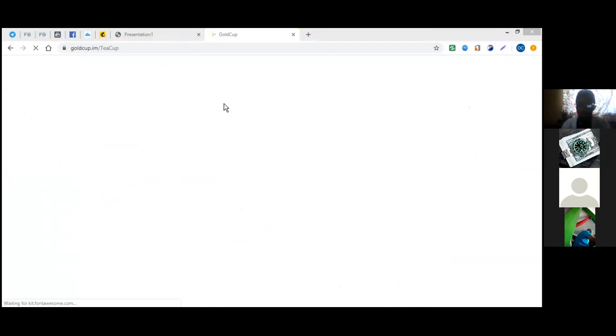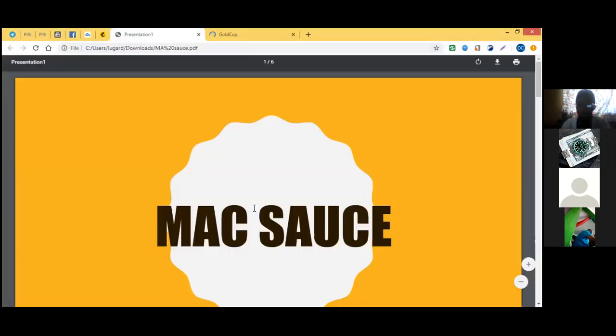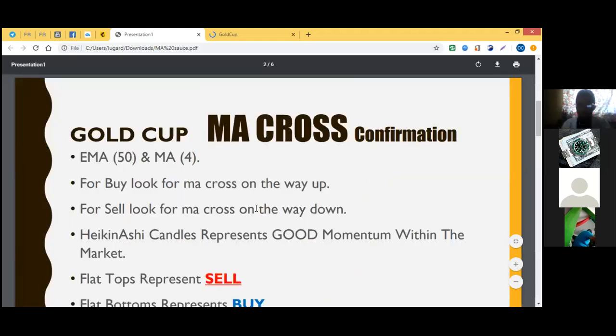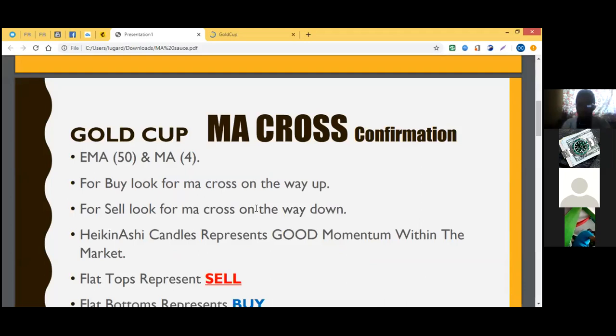Okay, so while my browser is responding, let me quickly go into the slide for the MA cross source. The MA cross source is basically a strategy by Delano, one of our international educators, a young trader.